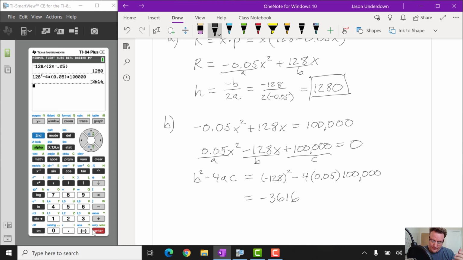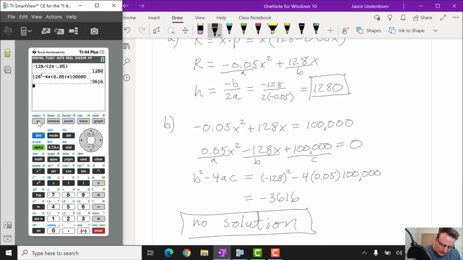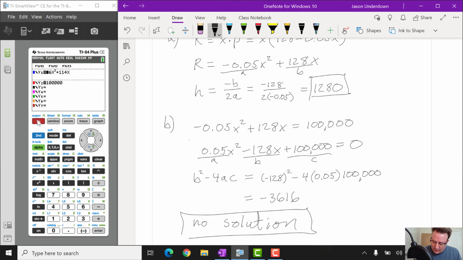So we could just write no solution. The revenue will never reach $100,000. Let's confirm this by graphing it. Really what I want to do is check when this function will be equal to 100,000.